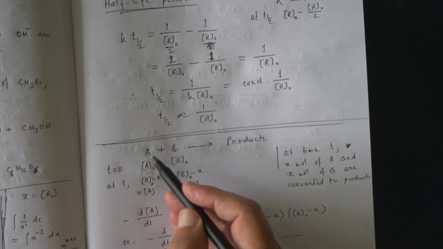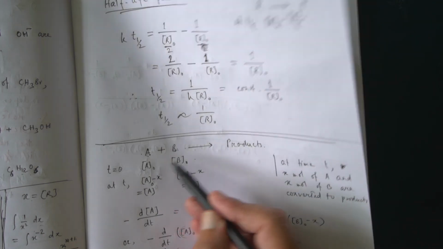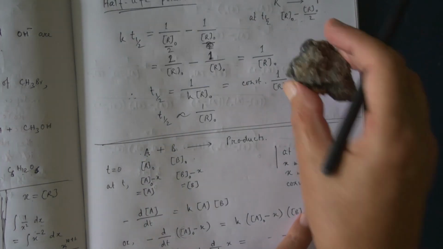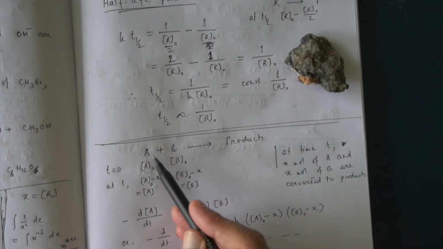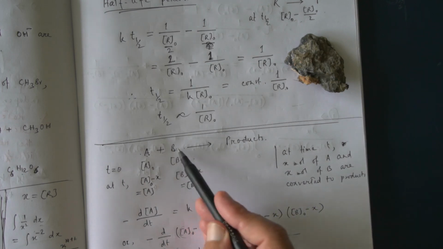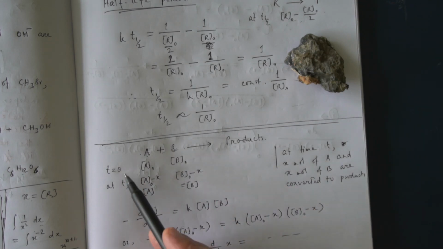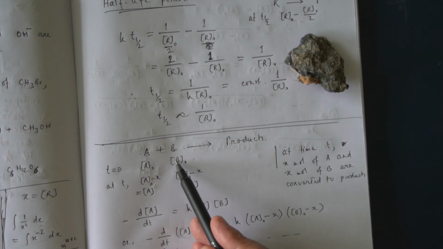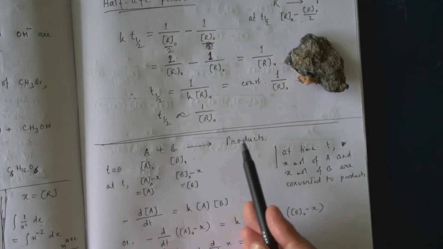When t is 0, nothing is converted from A and B to product.